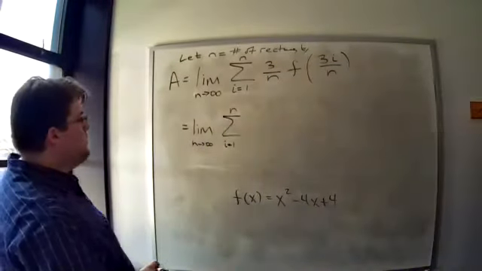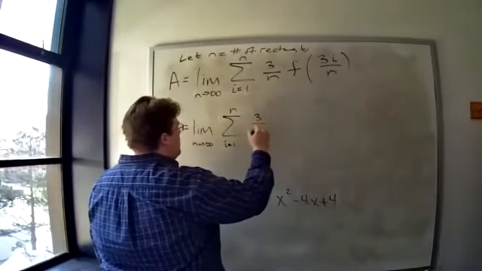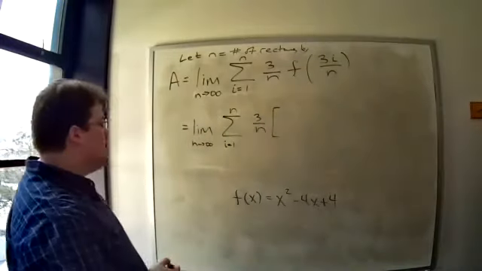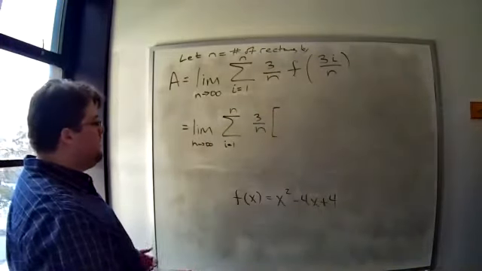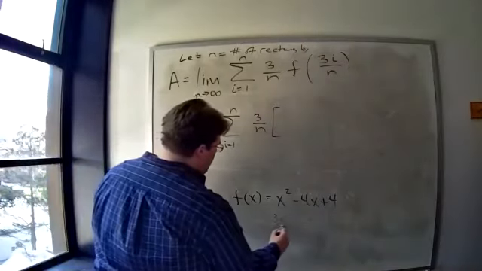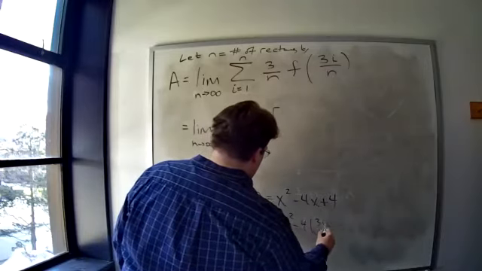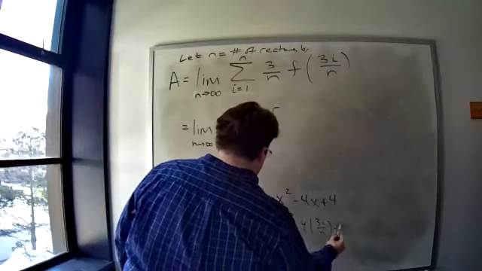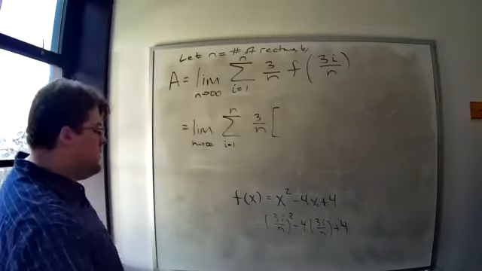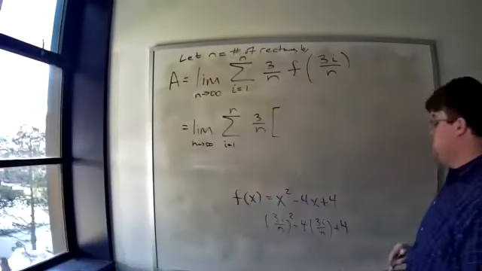So now we need to evaluate this. Well, first we're going to evaluate our function at 3i over n. So leave everything else alone. We need to evaluate the function at 3i over n for all x's. That gives us that quantity, and let's just simplify that square in that distribution.